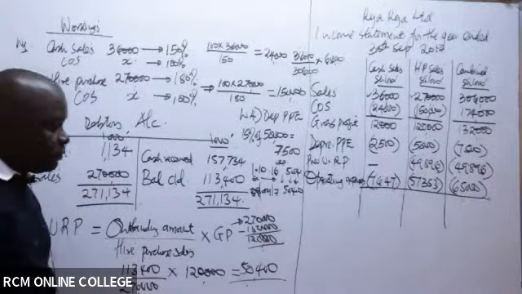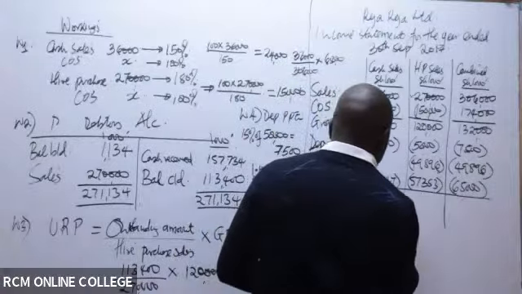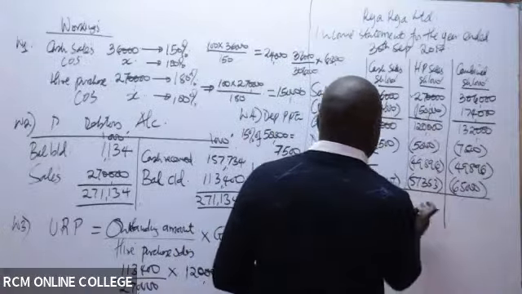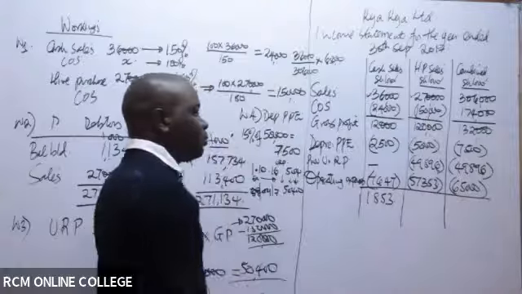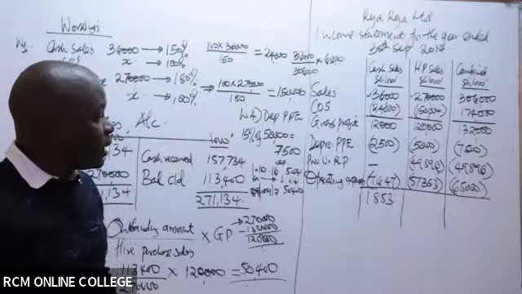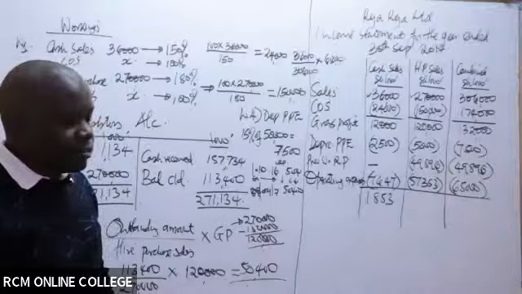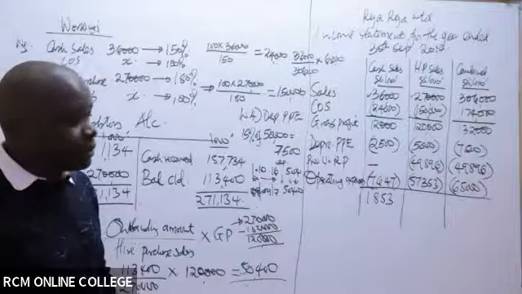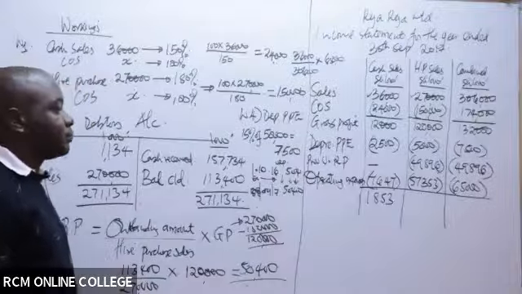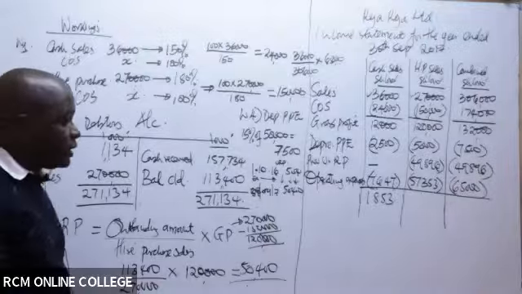I can see 1,853. What about the hire purchase sales? What about the hire purchase sales? I can see 7,751.